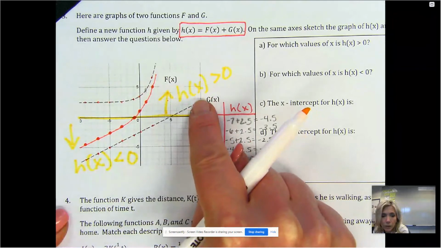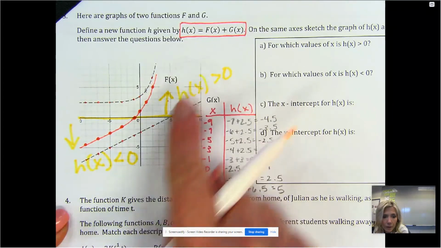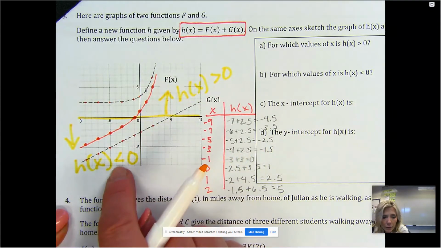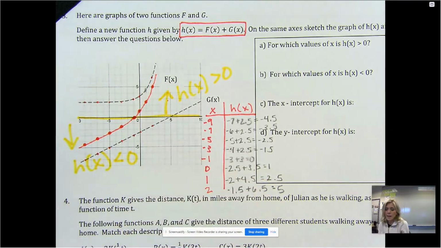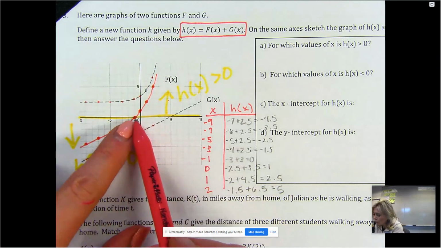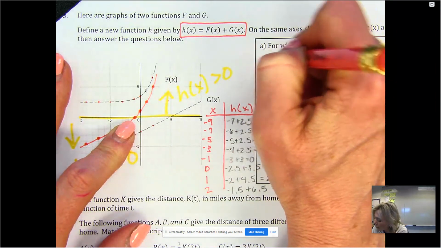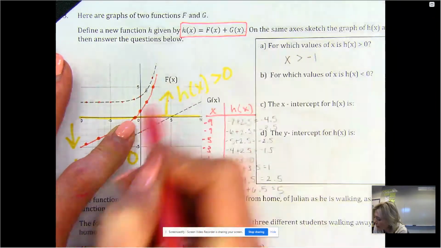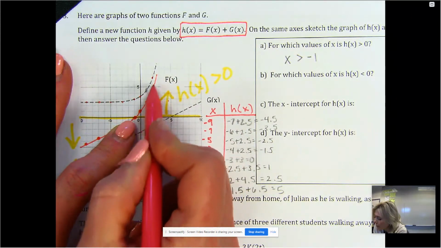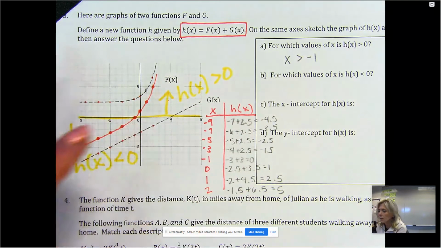This is where the outputs are positive up here, and negative down here. And so when does that happen? Well, it happens after the function crosses the x-axis, which it does right here at negative 1. So any value greater than negative 1 for x is where these become positive.